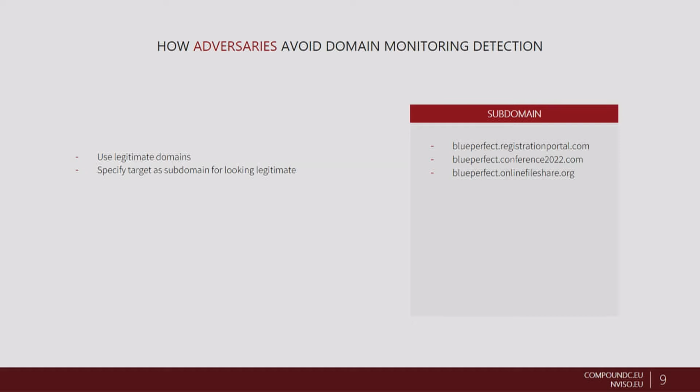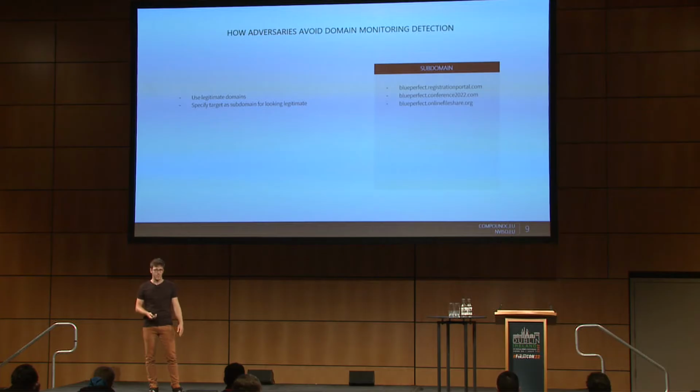Of course, those can seem a bit weird, so to add to the legitimacy, I will add a subdomain, for example blueperfect, to make it look legit to the user inspecting it, so that they see the domain doesn't have any spelling mistakes. It might be legit.